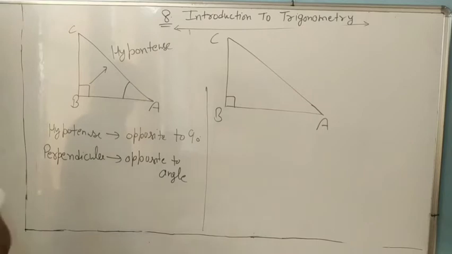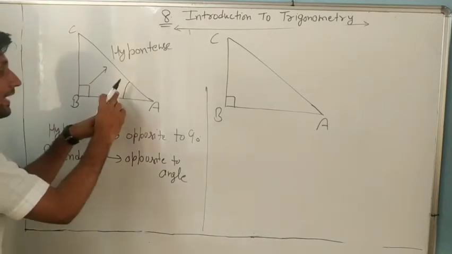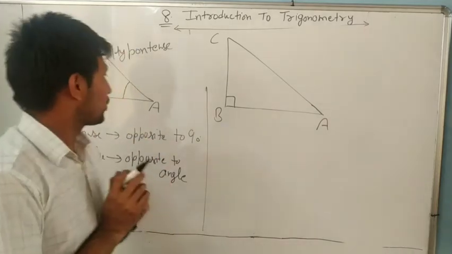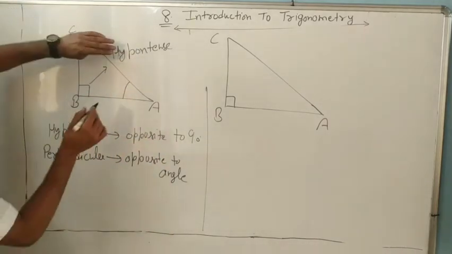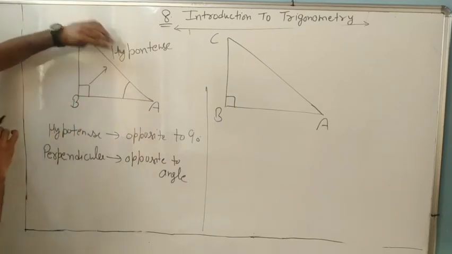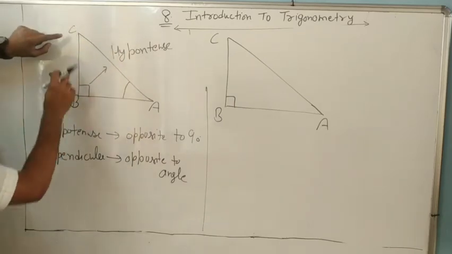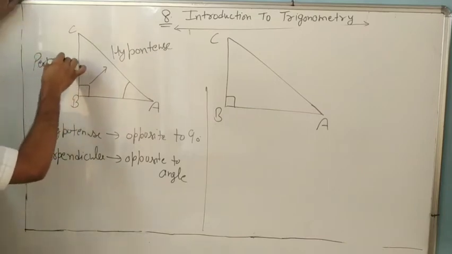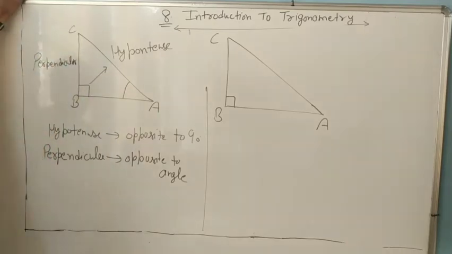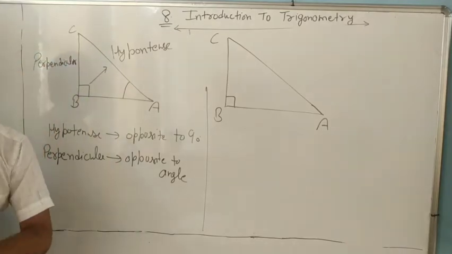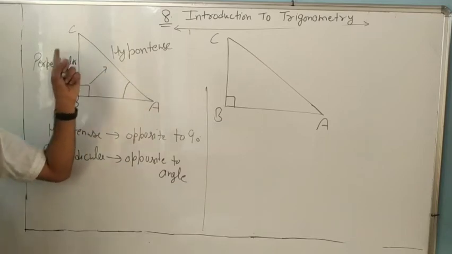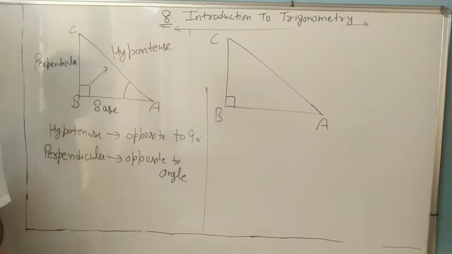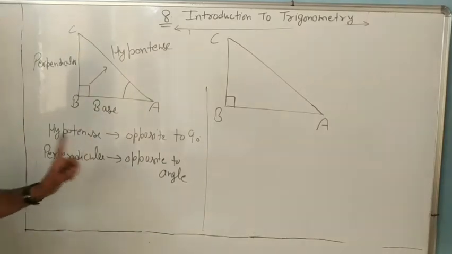Suppose, dear, if we are taking angle A, only if we are talking about angle A, then what is opposite of angle A? Which side? BC. So it is perpendicular. So in every triangle, perpendicular, hypotenuse, and what remains is the base.